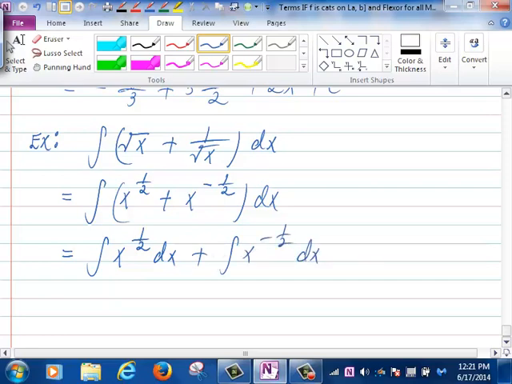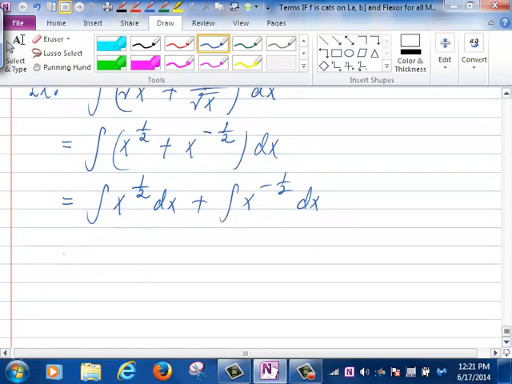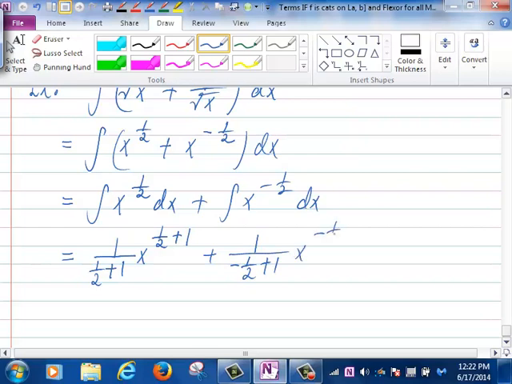Now if I apply the power rule, what I get is x to the half plus 1, and then I also have to divide by half plus 1. Plus 1 over negative half plus 1, x to the negative half plus 1, and then I'm going to add a c.